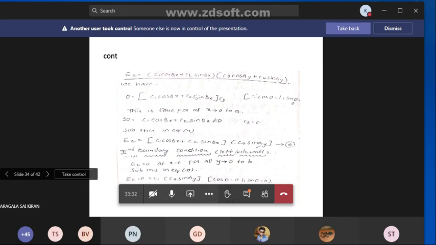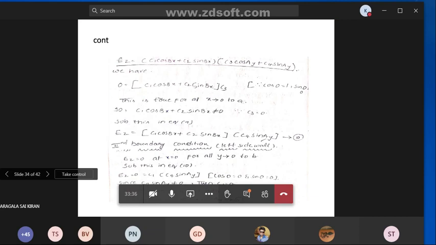This is true for all x from 0 to a. That means here x is not equal to 0, right? This total equation equals 0. Here 0 equal to (C1 cos bx plus C2 sin bx) into C3.